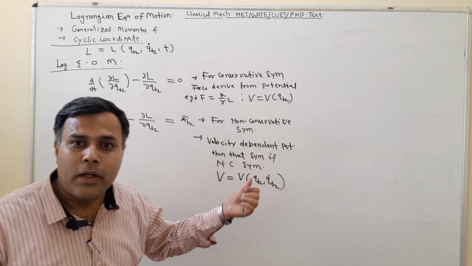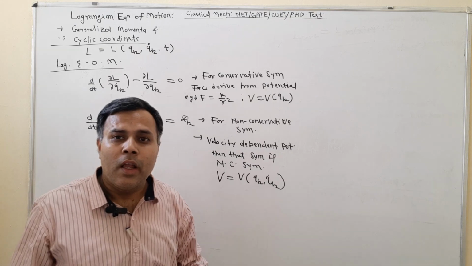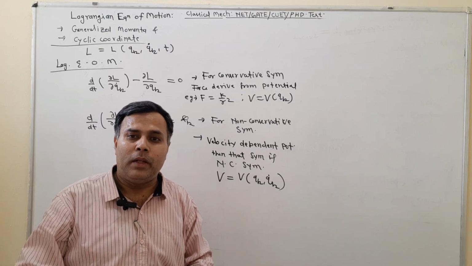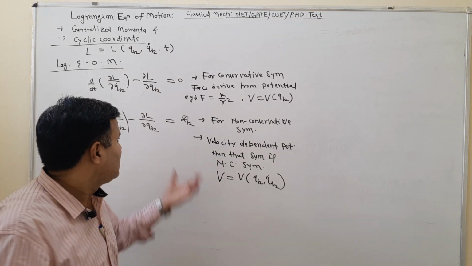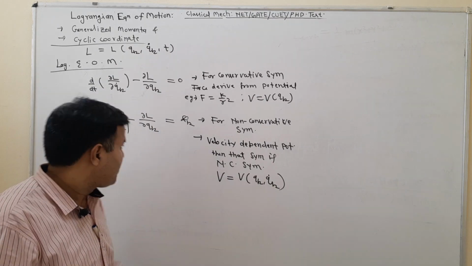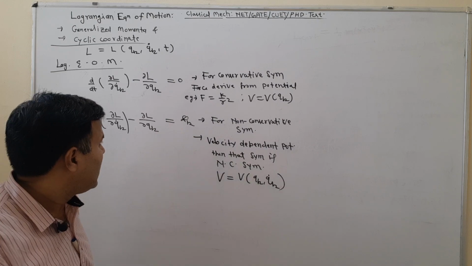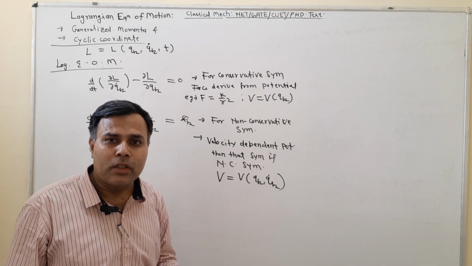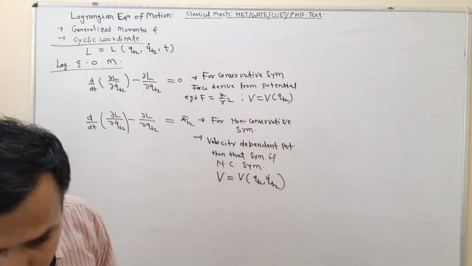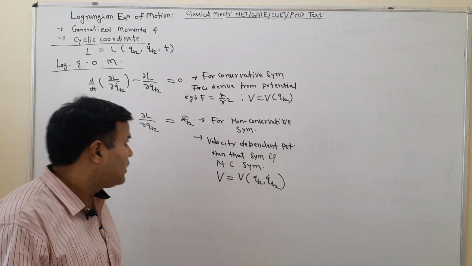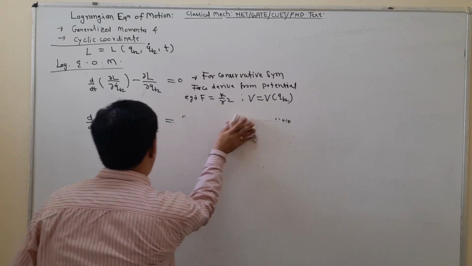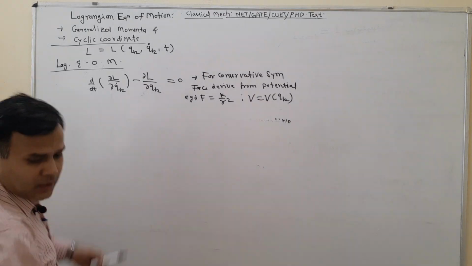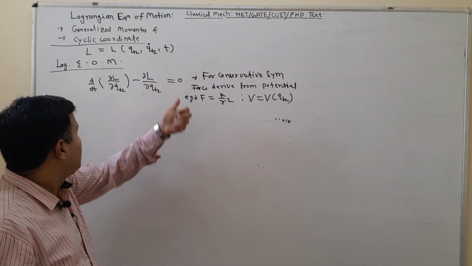So this is a velocity dependent potential. In some situations we have a Lagrangian in which the potential is velocity dependent, and in that case we will use this equation, which is for a non-conservative system. But in this lecture we will only focus on the Lagrangian for a conservative system. So this is the Lagrangian equation of motion for a conservative system.